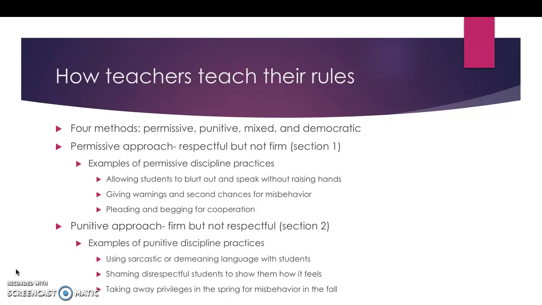As you can see on your quiz and on this PowerPoint, examples of the permissive approach are allowing students to blurt out answers or speak without raising their hands, or giving warnings and second chances. As I talked about a few slides ago, giving second chances is deadly to classroom management. If you're giving second chances over and over and over again, you're using the permissive approach.